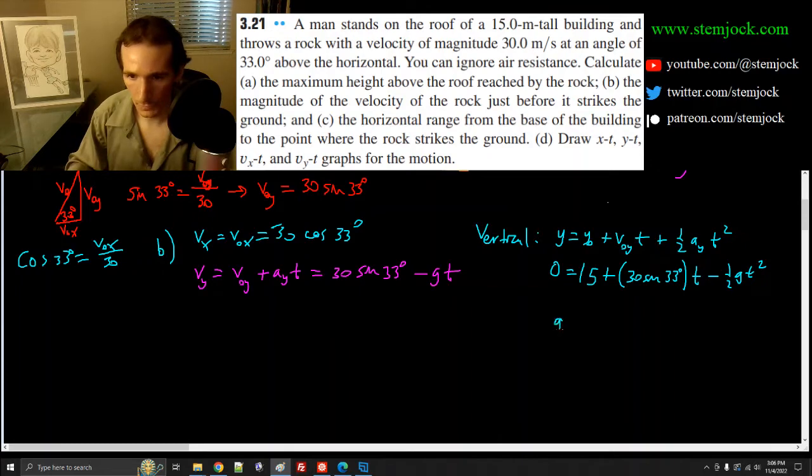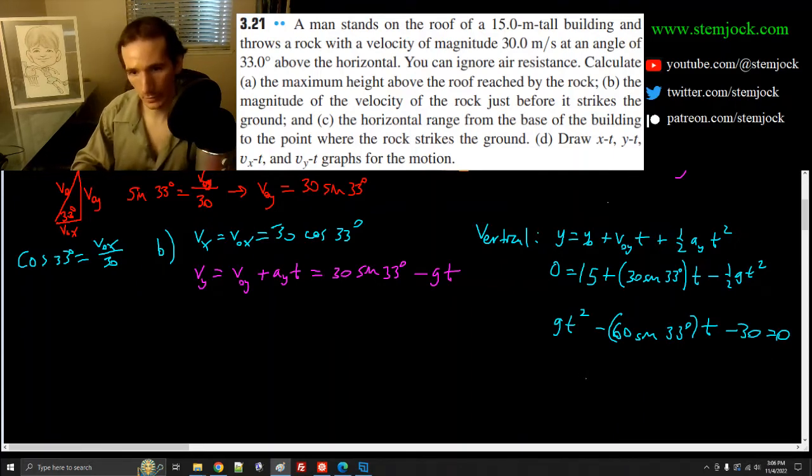So I have gt squared minus 60 sine 33 t minus 30 equals 0.